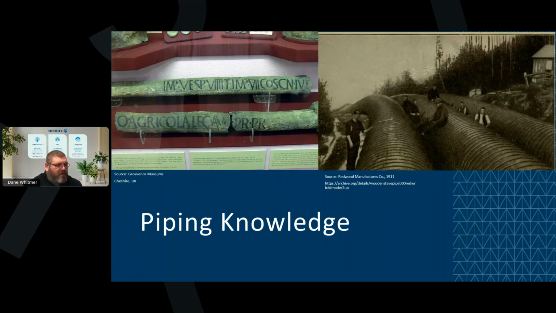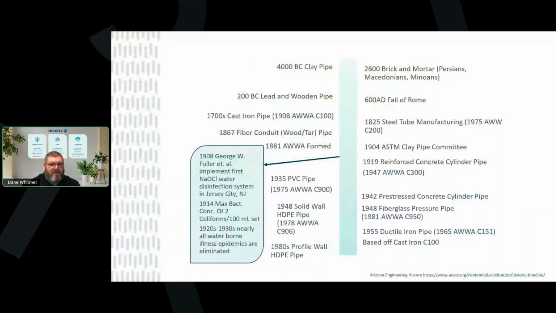I've put together this history of pipelines for you to think about. All the way dating back, some of the earliest known pipe, and things can be older when you get that far back, it's just what they've discovered and what survived. Clay pipe has been one of the oldest types of pipe used. There's been brick and mortar found in the Persian, Macedonian and Minoan cultures. Lead and wood pipe were regularly seen, just as a mark there.